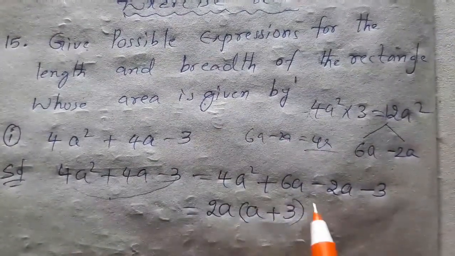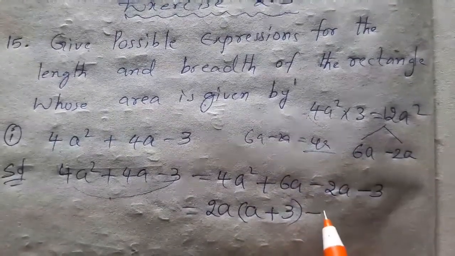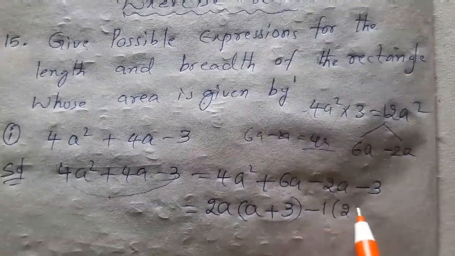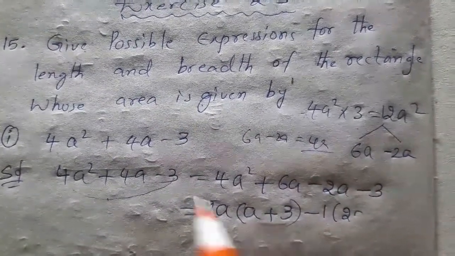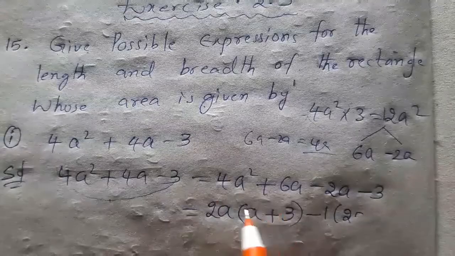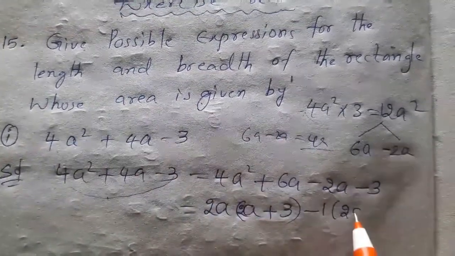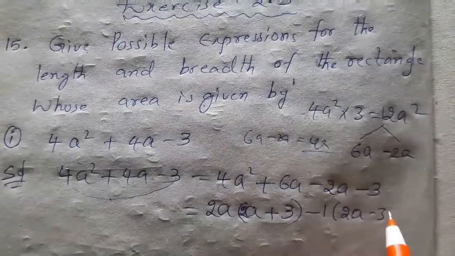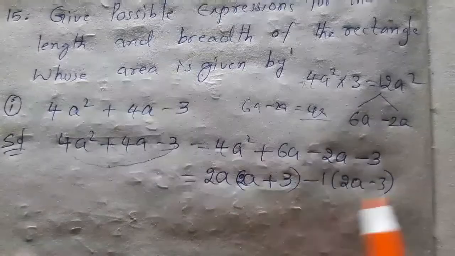Are you understood? Yes. Next minus, 1 is common here, that becomes 2a. Sorry, I forgot, 2 twos are 4, so here 2a. So 2a minus 3. I will explain this step clearly.